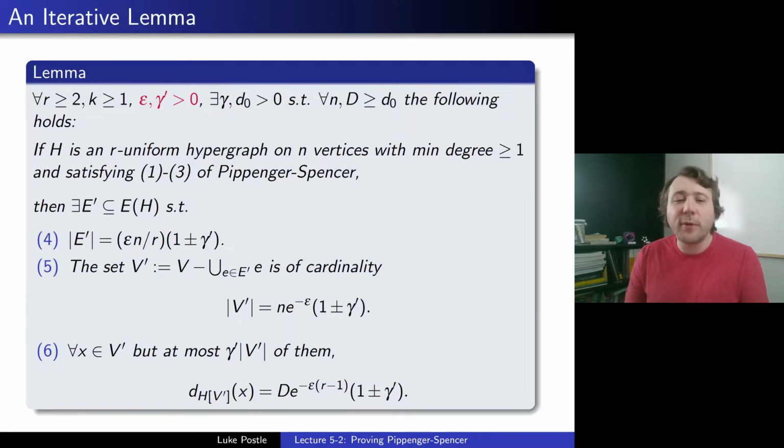All right, so that's the main thing to show. We're going to show this iterative lemma, and then at the end of the lecture, we're going to iterate the lemma to prove Pippenger-Spencer. So the iterative lemma is the hard part. It's the main thrust, and this is quite typical of the Rodl Nibble, that you have this iterative lemma or iterative procedure, and you need to show that it holds until you finish, putting all the things together by iterating it. All right, so that's our plan.